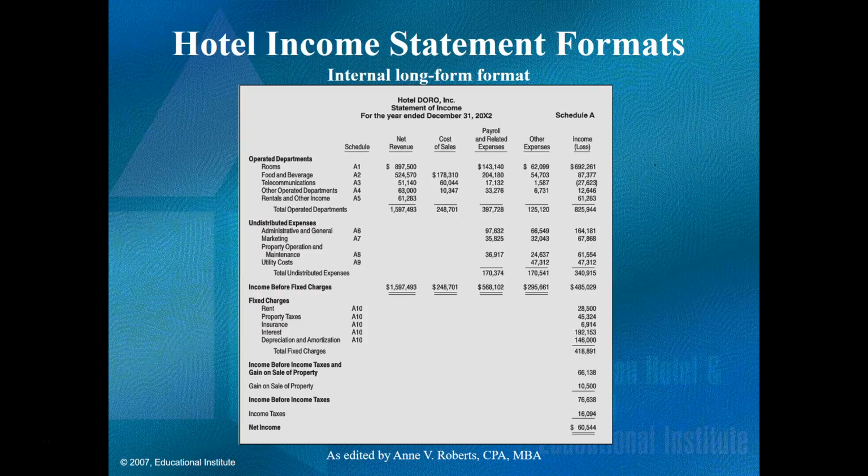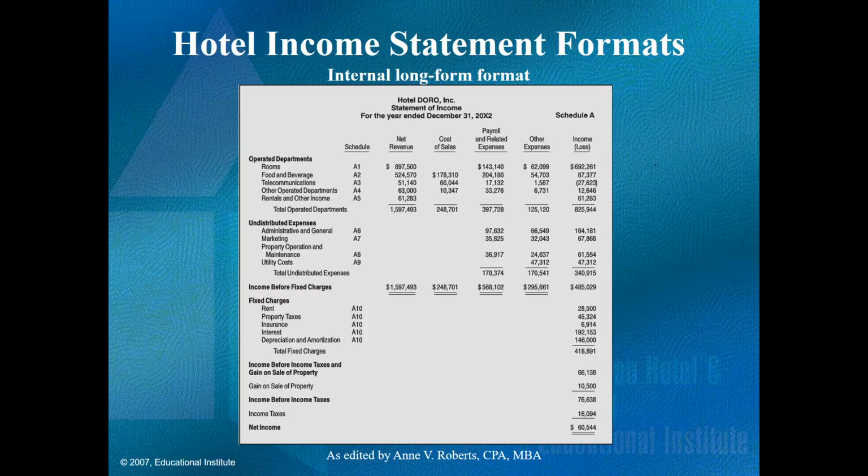Yeah, all right, so we looked at this last term, okay? I pulled this straight out of the book. It is the exact same internal income statement that we looked at last term. Now, remember, when we're looking at this internal financial statement, realize that the manager for the rooms department is only going to get the breakout from this one line item right here, okay? The food and beverage manager is going to only get the information from this one line item right here.